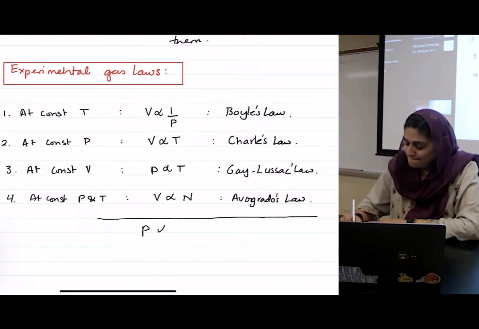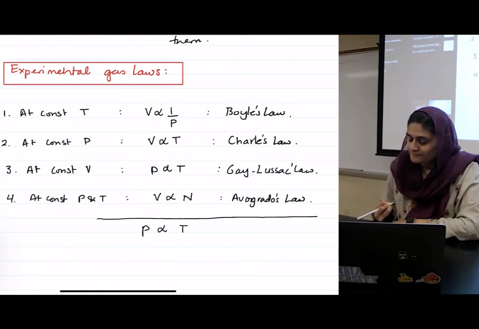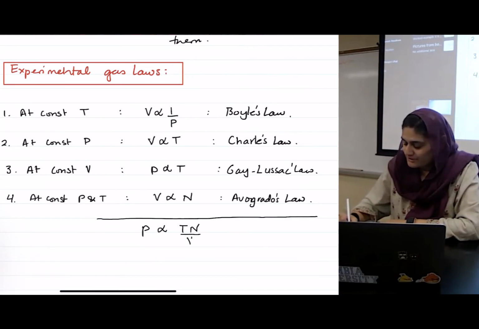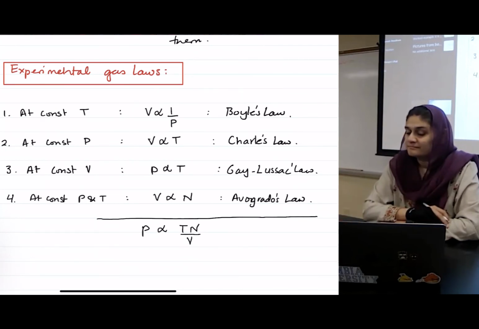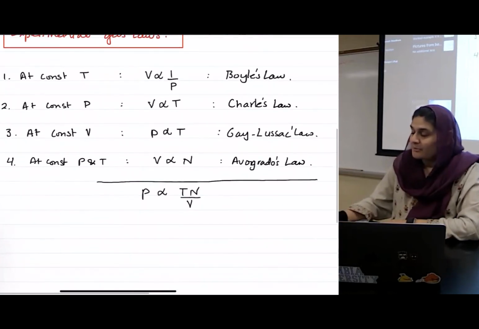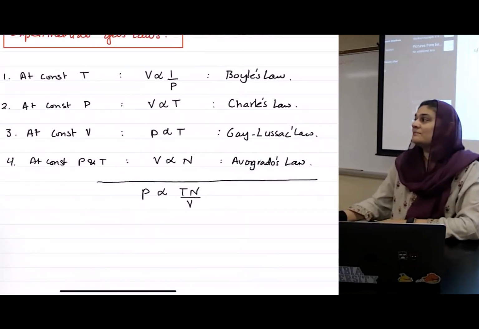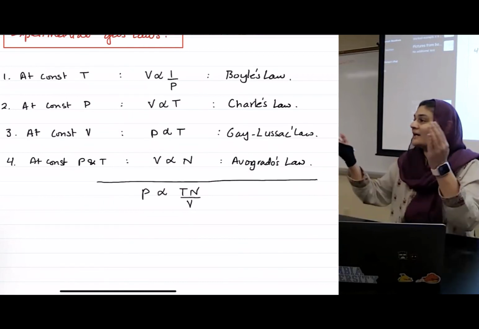P is proportional to T, proportional to N, inversely proportional to V. And how do I get rid of a proportionality in an equation? I put a constant there.